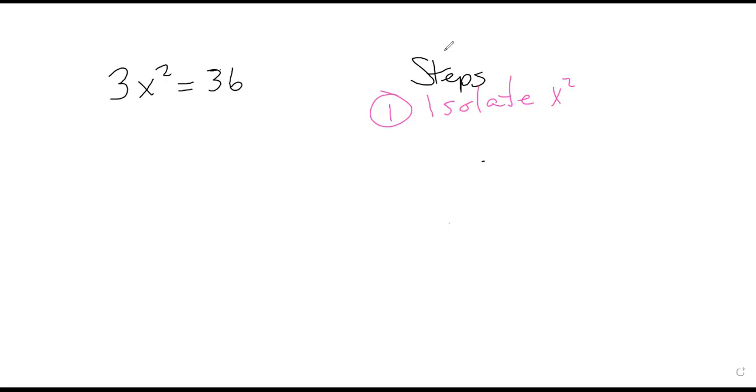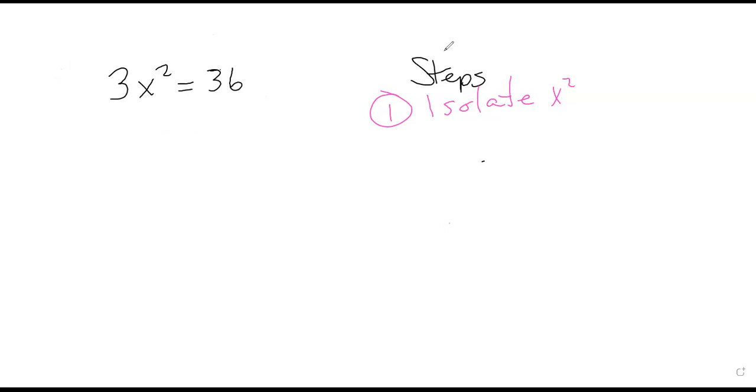I thought the first step was to move. So that's the thing, I put that move as the first step, but in this problem there's no plus or minus, no plus 3, plus 2, so I can't really move anything there. So I changed step one a little bit so that it's to isolate x squared, meaning get x squared by itself, right? Because now there is something next to that x squared.